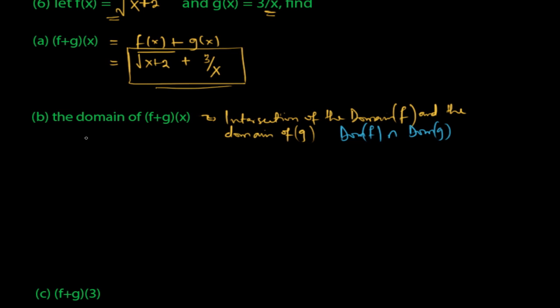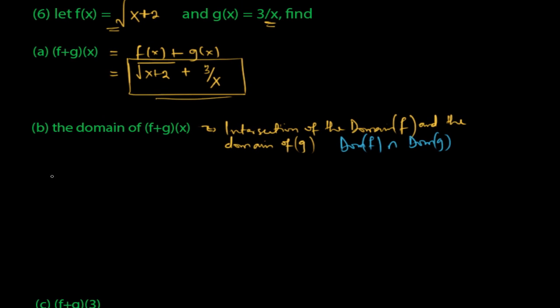The domain of f: recall the f we were given up there, f of x equals the root of x plus 2. The domain of f is going to be the set of all numbers excluding the numbers that would make what we have in the root sign a negative number.